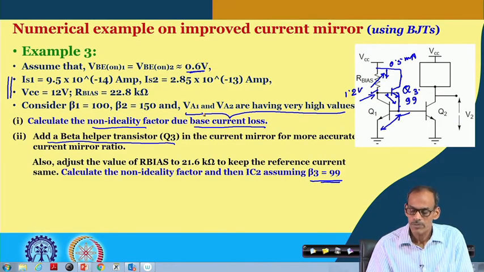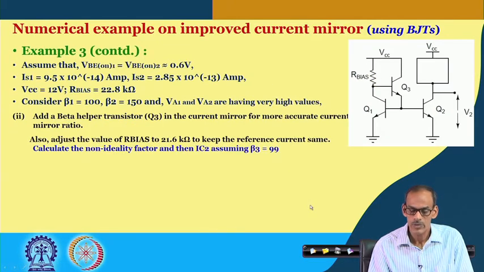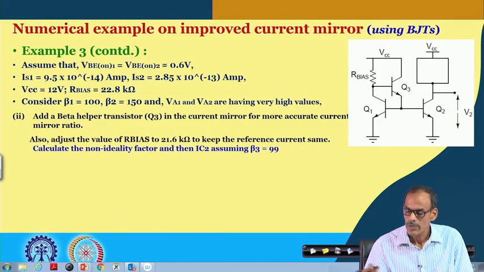In the next slide we have the beta helper circuit drawn for you. We have Q3 here, and this is approximately 0.6, and here also approximately 0.6, so we have 1.2 volt.